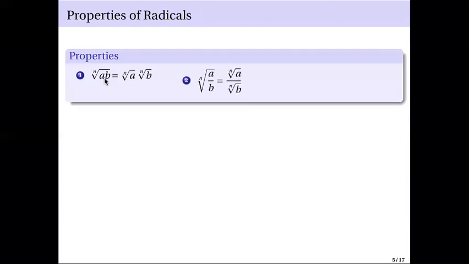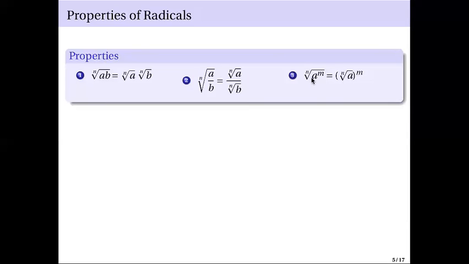So we have the multiplication, we have the division. Nth root of a over b is equal to nth root of a divided by nth root of b. So we can distribute this index or radical sign. Now look at this.